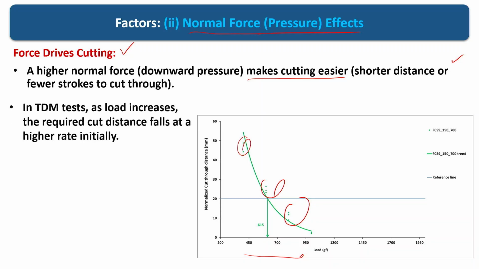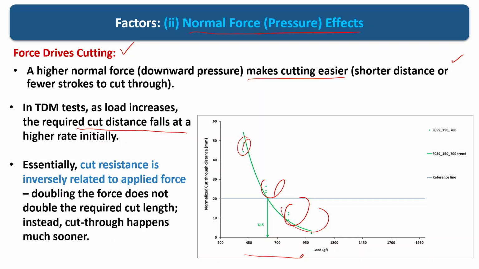In the TDM test, as the load increases, the required cut distance falls at a higher rate initially, then at a slightly slower rate, but still there will be a fall. So, essentially the cut resistance is inversely related to the applied force. Doubling the force does not double the required cut length. Instead, the cut through happens much sooner.